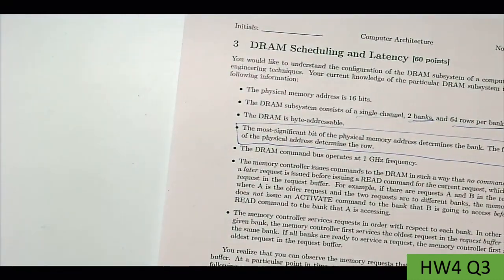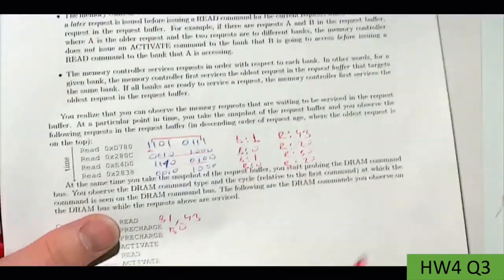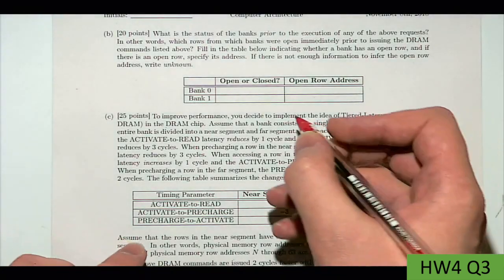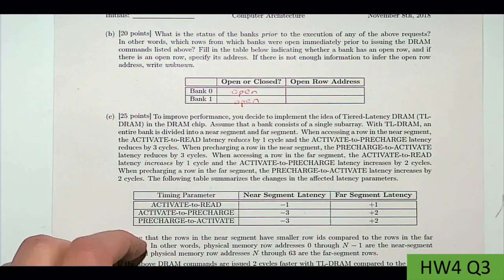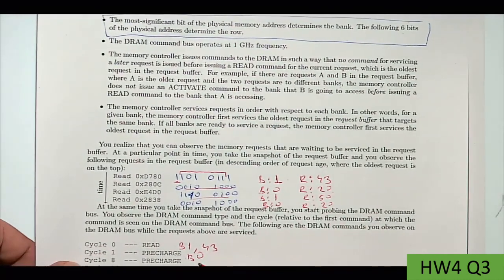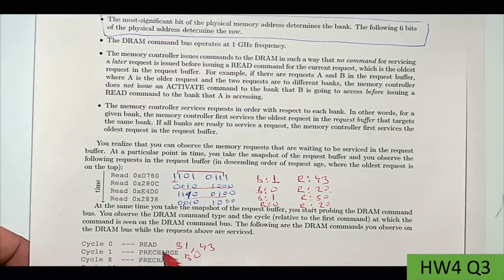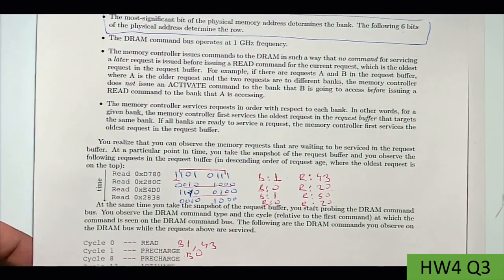So this is relevant to one part of the question, which is part B, but based on the information that we figured out, we can just fill this part, right? So we know that both rows are open, because for bank 0 we had to precharge the row, and for bank 1 we serviced the read request, right?